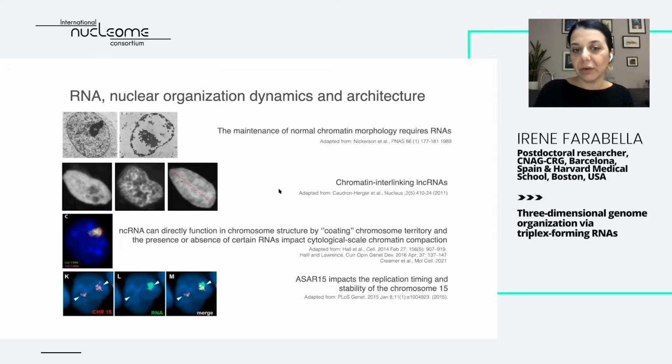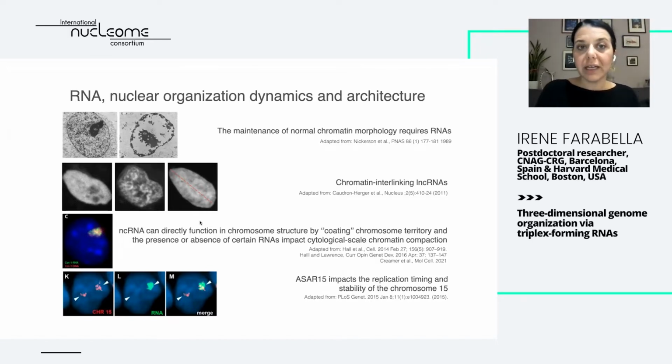This is the case of the well-known Xist, and the role that these long non-coding RNAs have in the formation of the Barr bodies, but also of broadly expressed highly repetitive RNAs that seem to have a role in decompacting the chromatin, especially in active portions of the genome.